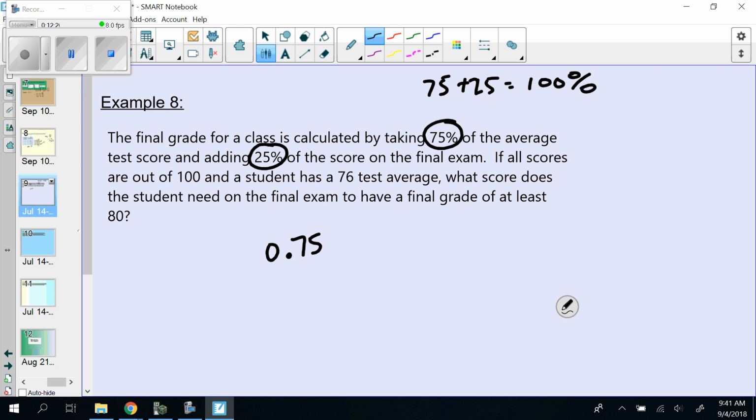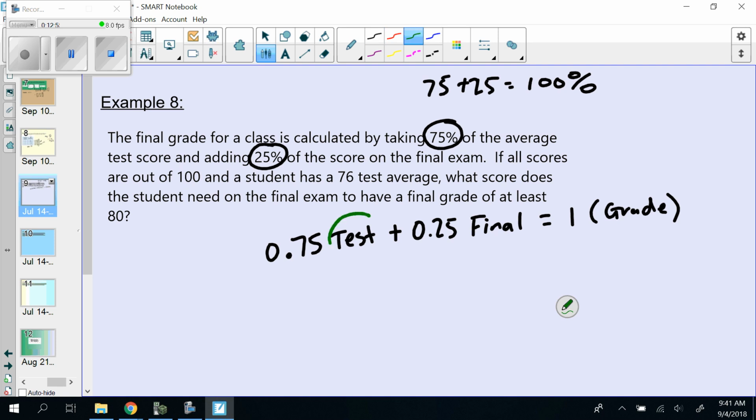So 75% of the test score added to 25% of the final exam score is going to equal 100%, which would just be, changing that to a decimal, 1 of, and this is going to be their grade. Okay, so now let's enter in what we know those are. So what did they get as a test average? Looks like 76.